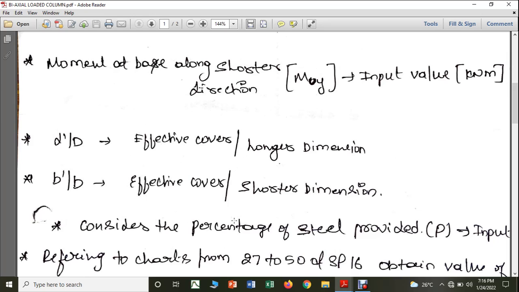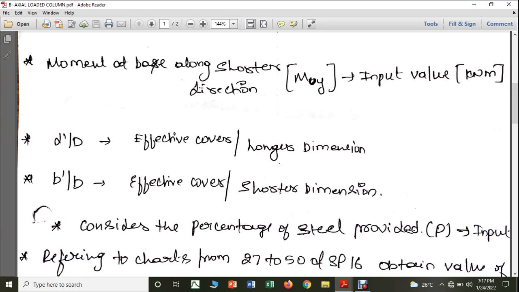The percentage of steel I am going to consider as P. Once I assume the percentage of steel, you multiply that percentage by the gross area. You will get the area of steel in mm square, and then assume the diameter of one rod.